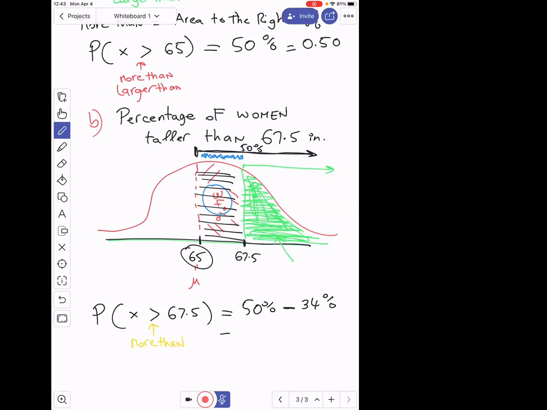So the remaining area, the difference, would be 16. That's 16%. So the area of this green region is actually 16%. Does this make sense to you guys? Please let me know if it's too confusing. Do you see why I got the 16? It's because of this 34, and because I know that to the right of the 65, it's 50%. So the difference between 50 and the 34 is exactly my green region, right?